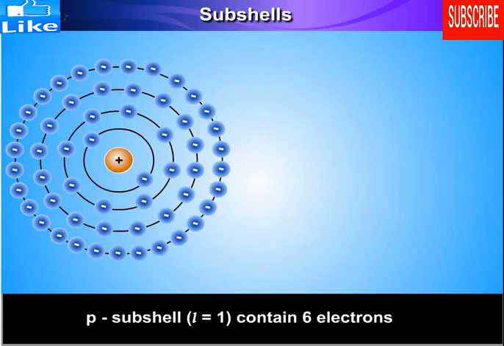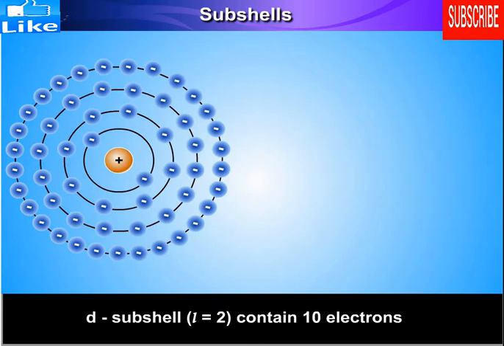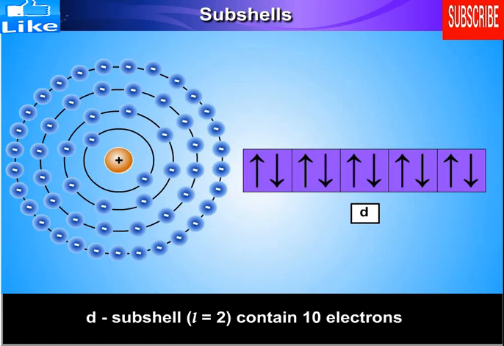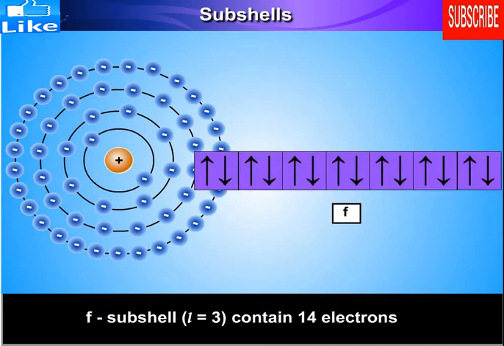P subshell, l equals 1, contains 6 electrons. D subshell, l equals 2, contains 10 electrons. F subshell, l equals 3, contains 14 electrons.